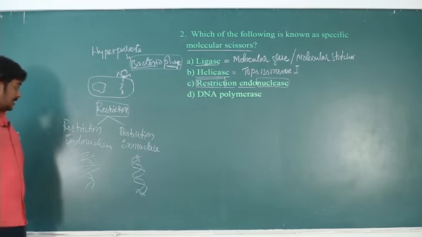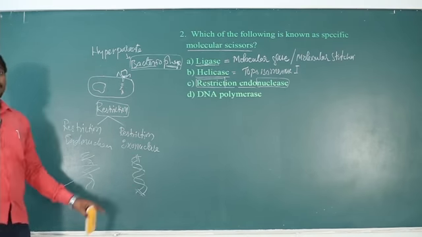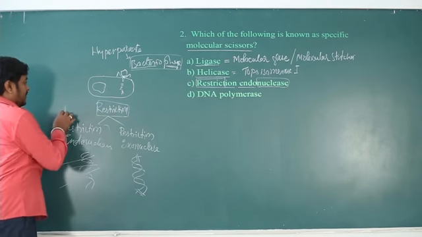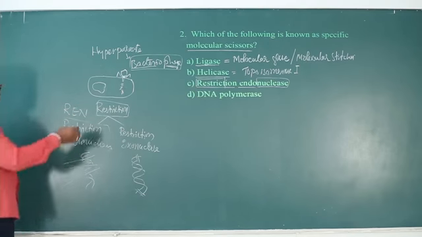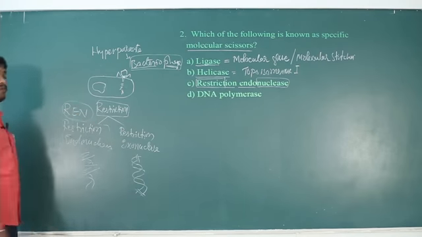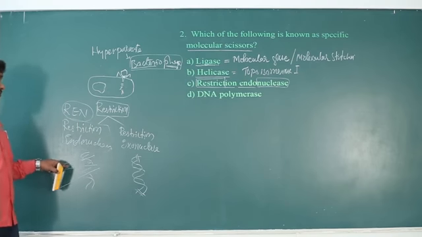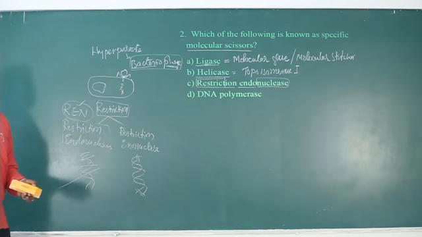That is the reason why there are two types of enzymes, restriction endonuclease and restriction exonuclease. Usually we call restriction endonuclease simply restriction enzymes, in short form. We use them more in biotechnology because we need to cut the DNA in between. Most of the time we need to cut the DNA in between, so we use restriction endonuclease enzymes.